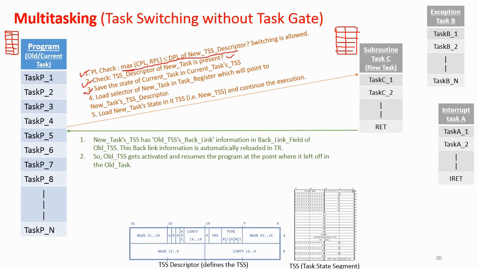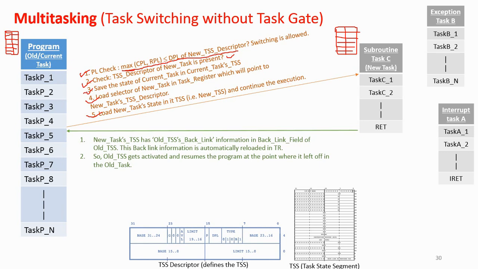So here the microprocessor saves the state of the current task in the current task TSS, and then loads the selector of the new task in the task register which points to the new task TSS descriptor, and then loads the task state from the new TSS, and continues the execution.